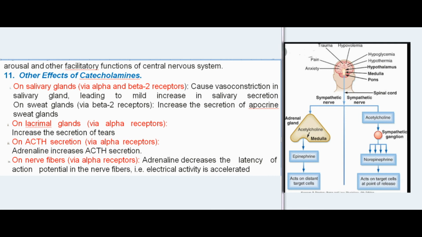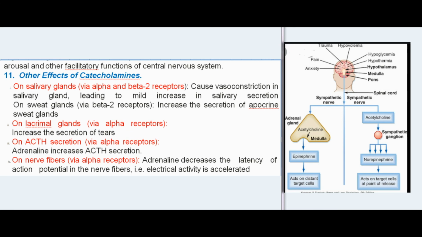Other effects of catecholamines. On salivary glands, via alpha and beta 2 receptors, cause vasoconstriction in salivary gland, leading to mild increase in salivary secretion. On sweat glands, via beta 2 receptors, increase the secretion of apocrine sweat glands. On lacrimal glands, via alpha receptors, increase the secretion of tears.